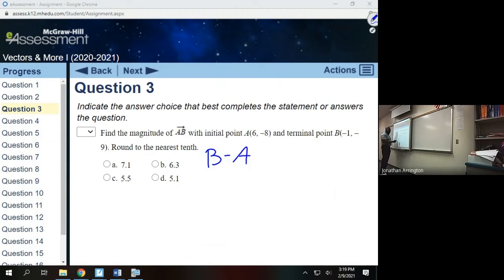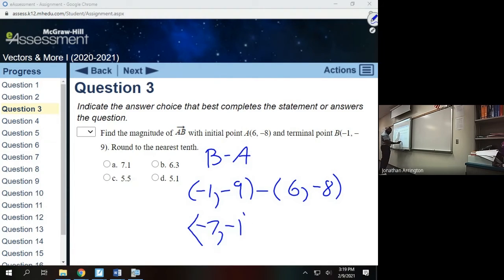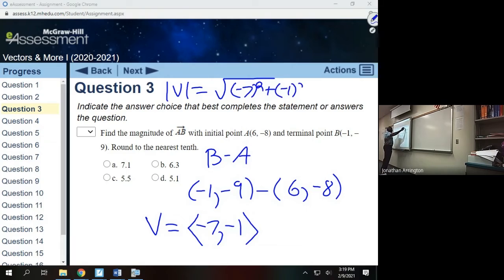So I'm going to put them in component form. B is terminal. It's negative 1, comma, negative 9, minus 6, comma, negative 8. So this is negative 7, comma, negative 1. Say for the sake of notation, I call that vector V. Therefore the magnitude of vector V is the square root of negative 7 squared plus negative 1 squared.